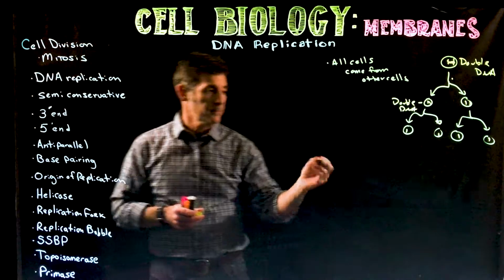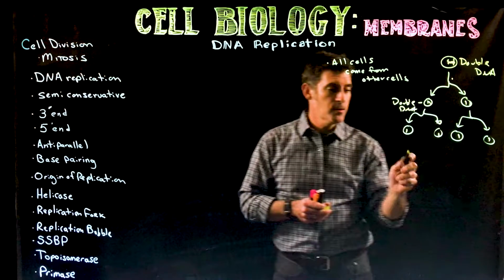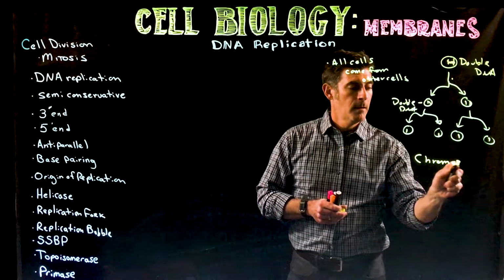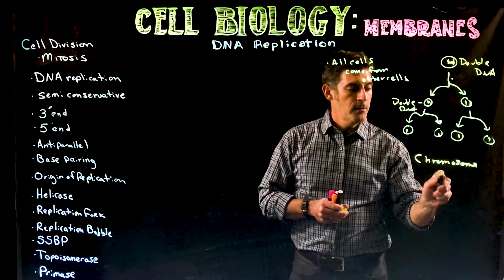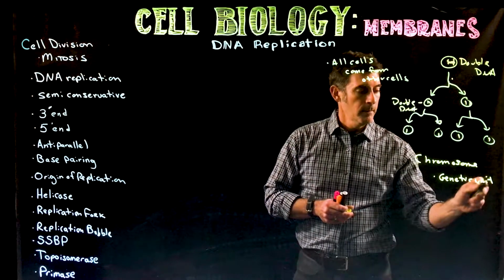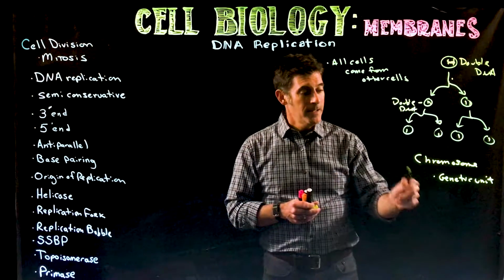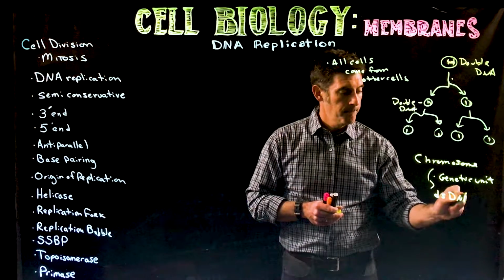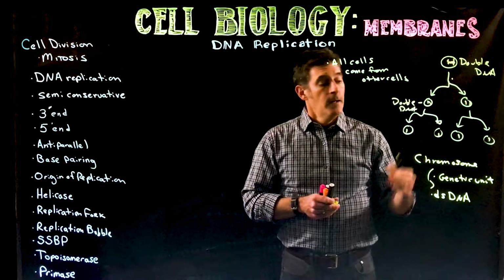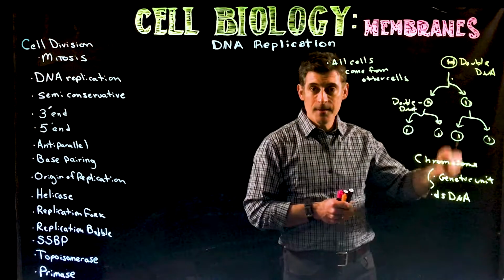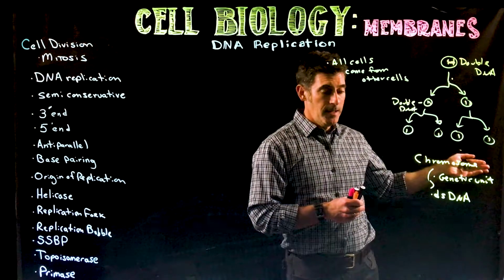The chromosome. So some terms, again, this goes back, it's just a little bit of review. A chromosome is our genetic unit. An entire chromosome is going to be double-stranded DNA. Cells can have multiple chromosomes, which means they have several separate double-stranded DNA molecules.